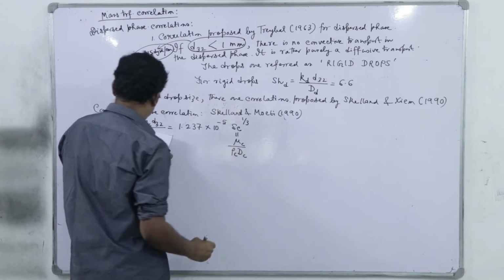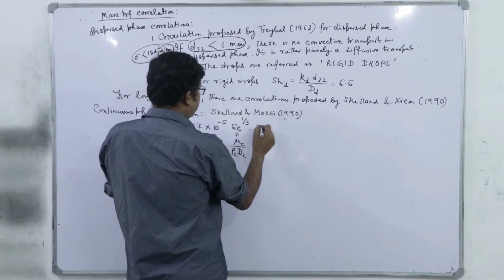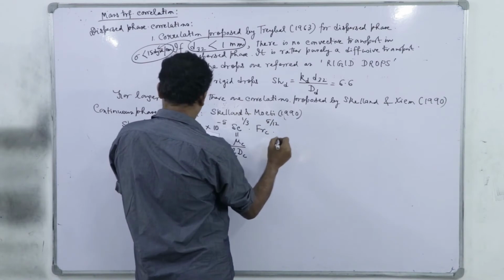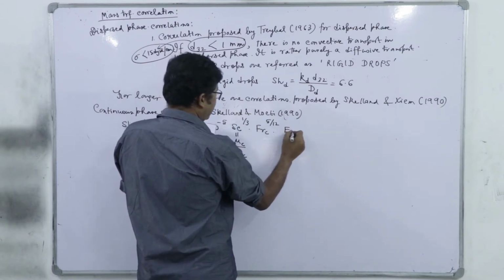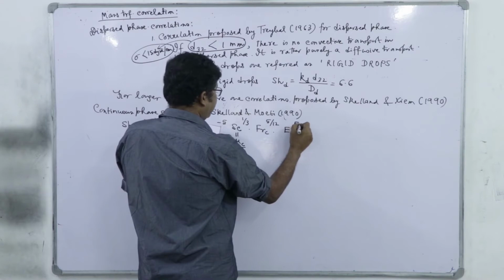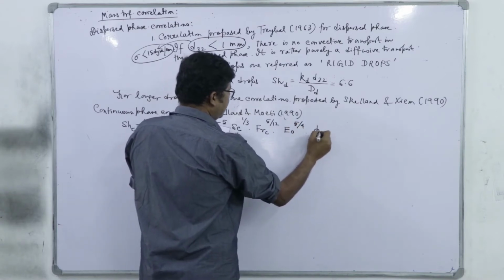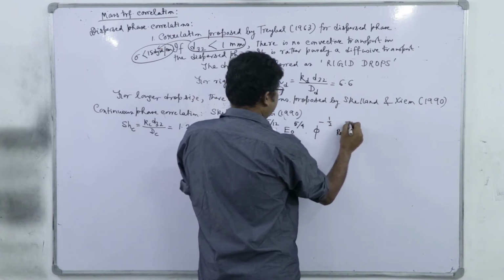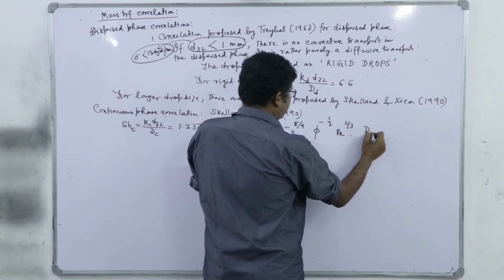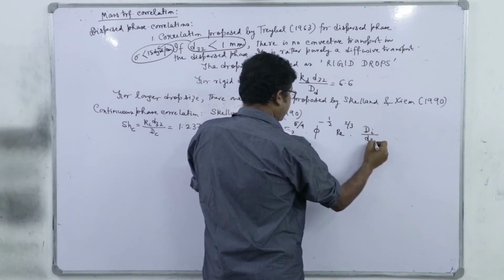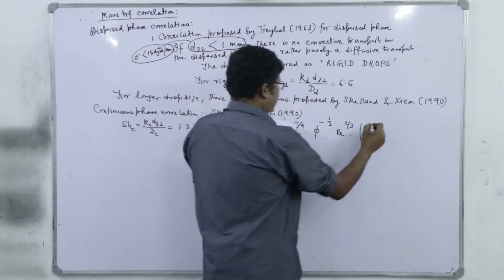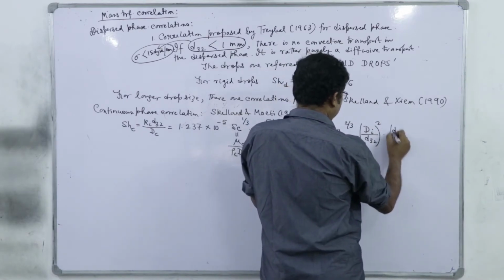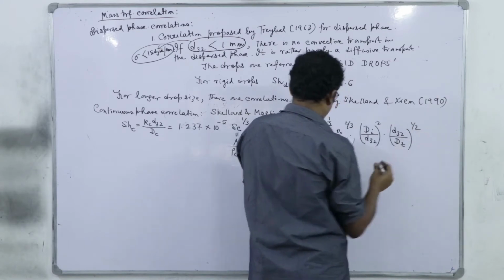Then Sherwood number for the continuous phase, as we have already stated, to the power 5/12, into Weber number to the power 5/4, then volume fraction of the dispersed phase to the power minus half, Reynolds number to the power 2/3, then impeller diameter divided by d32 whole to the power 2, multiplied by d32 divided by tank diameter dT whole to the power half.